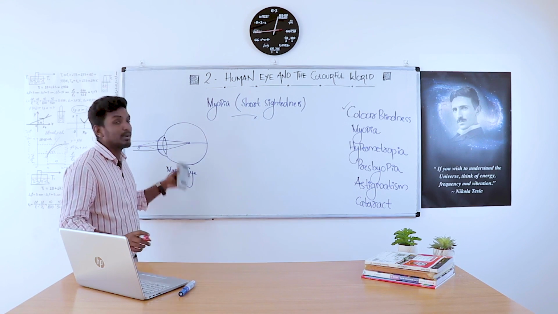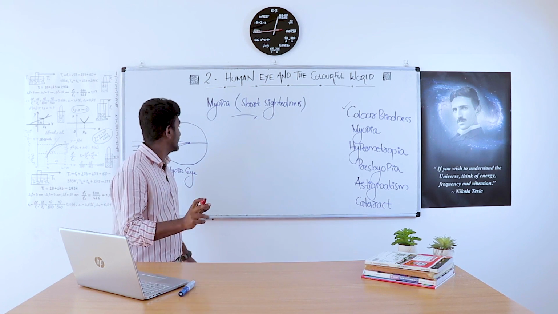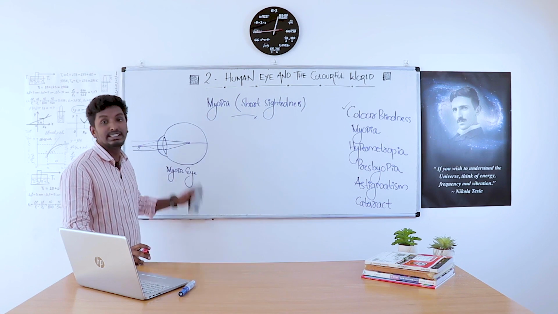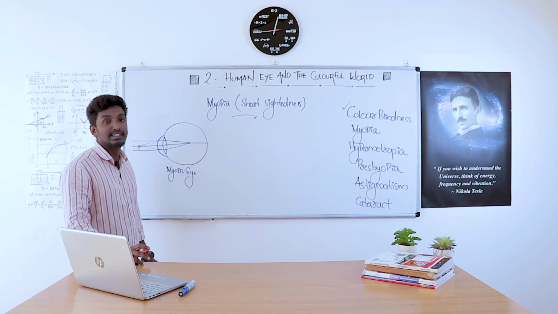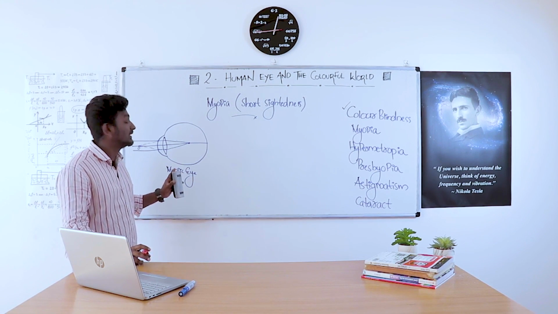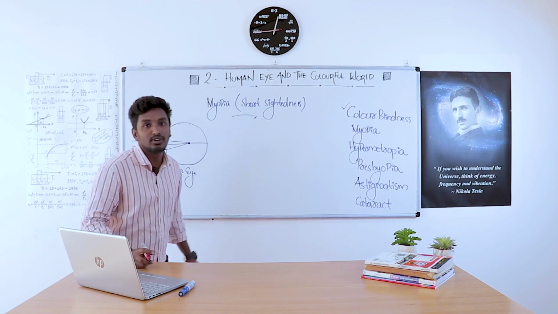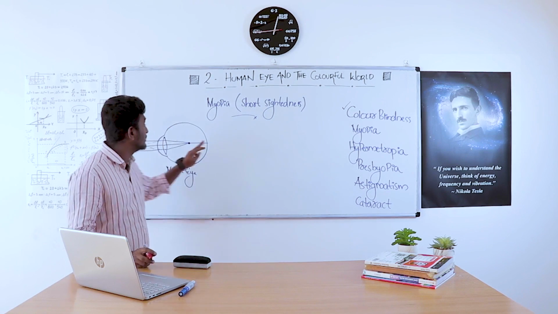So for a normal vision, the image should be formed on the retina. In case of a person having myopia, the image is formed in front of the retina. So how can this be corrected?